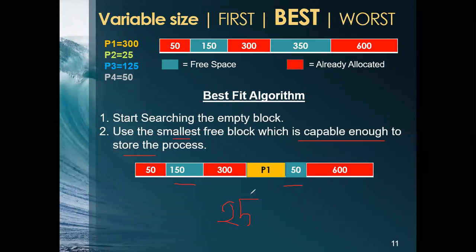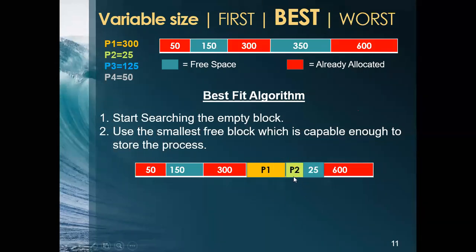Obviously out of these two, 50 is small and capable to store 25. So we will go for the 50. We are trying to make it a little bit more efficient. So it will be stored here. Then we go to P3. For P3, we only have one option. This is 150, so it will be stored here and 25 will be left.